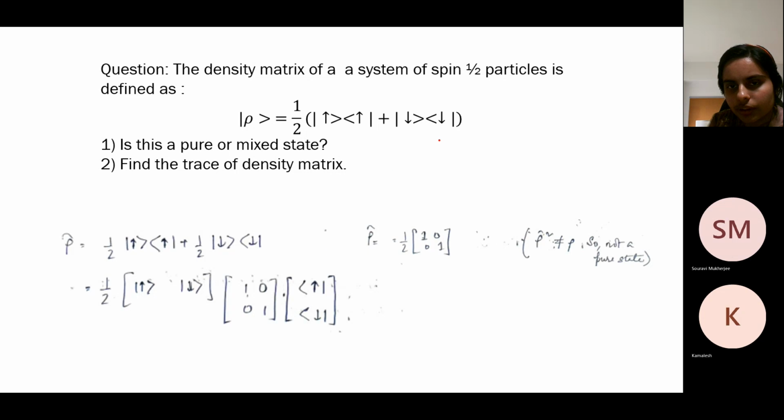Okay, so it will be only this term. Yes, ma'am. So how will the matrix look then? This is in terms of the vectors, but if you have to write it as a matrix, how will it look? 1, minus 1.